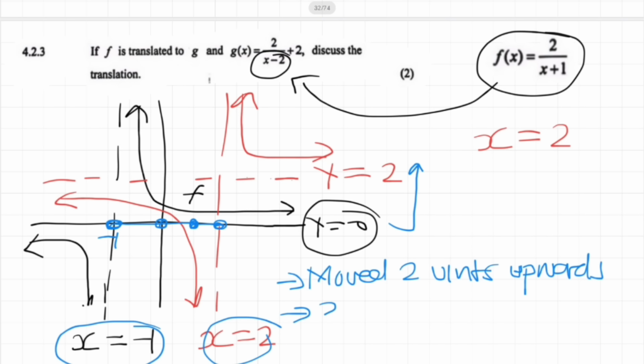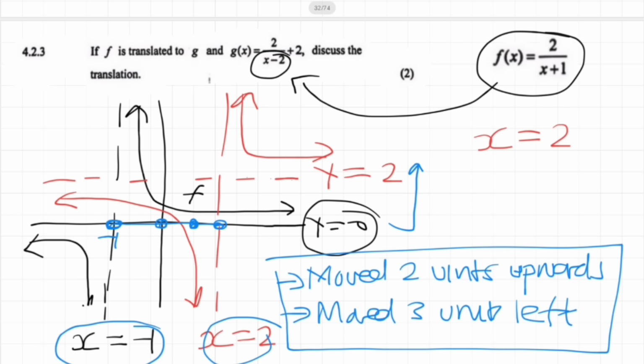So it moved 3 units. Where? To the left, actually. It moved 3 units to the left, just like that. So this is the translation of the graph of f to the graph of g. Yeah, so this is it for this question.